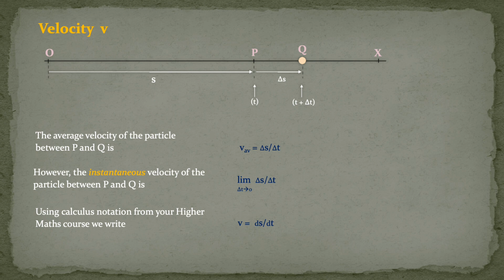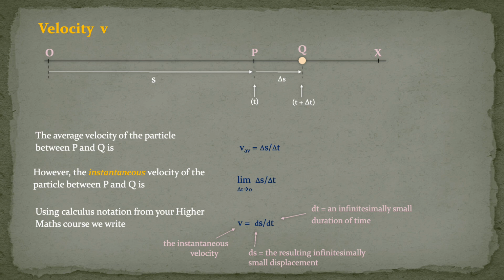This d notation was invented for convenience, really, so that we didn't have to keep writing out the limit as delta t tends to zero all the time. So the dt represents an infinitesimally small duration of time, and consequently the ds represents an infinitesimally small displacement which results. And v, of course, is the instantaneous velocity.